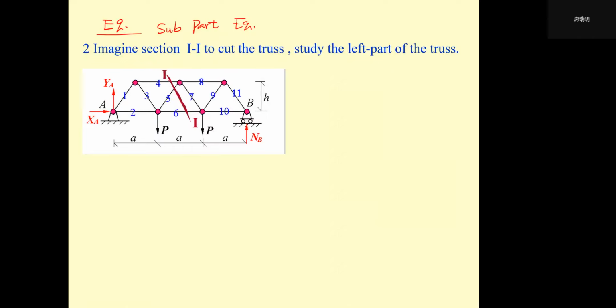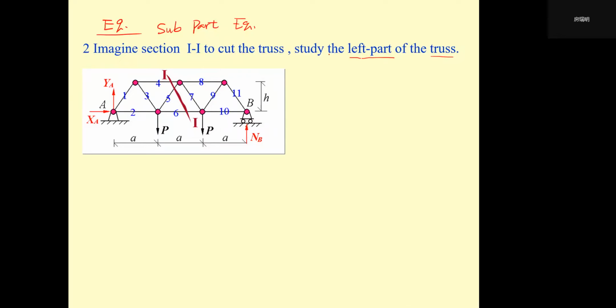You know, it's very smart. So you guys follow me. Imagine we have a section 1-1. It can cut this truss into two parts, the left one and the right one. And we only study the left part of the truss, because the whole truss is in the state of balance, or in the condition of equilibrium.